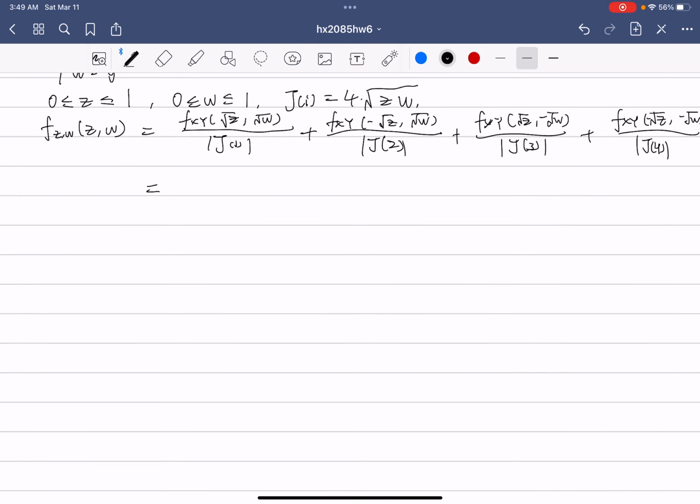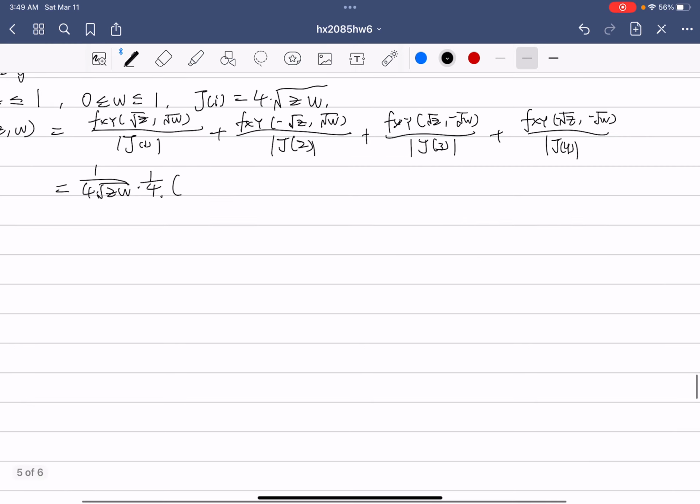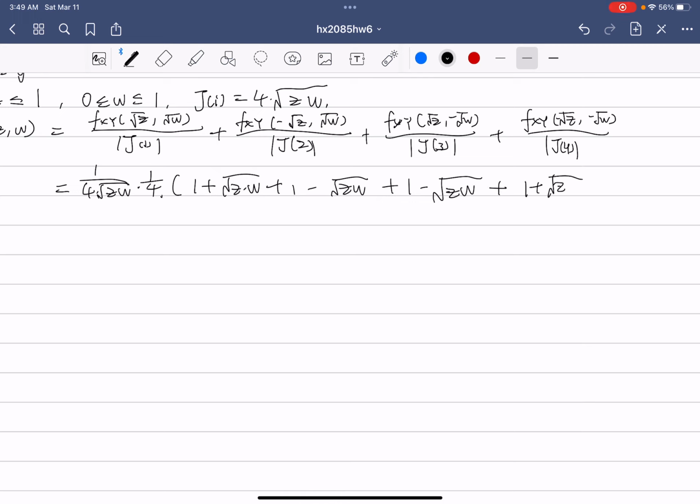The result will be 1 divided by 4 times root zw, then times 1 plus root z times root w, plus 1 minus root z times root w, plus 1 minus root z times root w, plus 1 minus root z times root w.